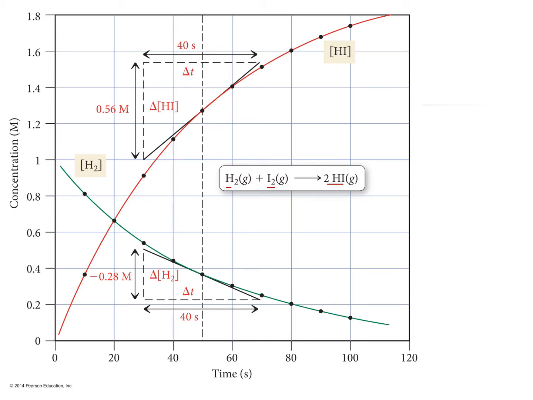The red curve starting here is the rate of appearance of HI. The green curve starting here is the disappearance of hydrogen. And what we see is we can find the instantaneous rate. So we pick this point in time, roughly 50 seconds.